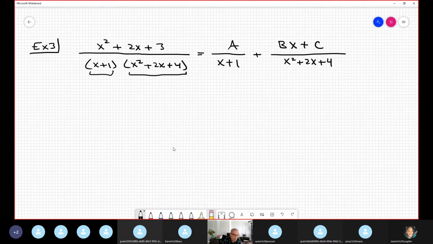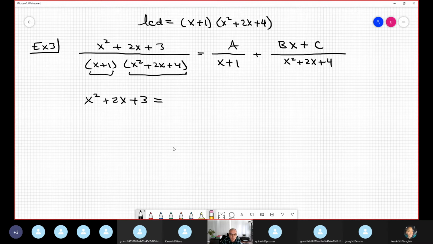Okay. Now the LCD. The LCD is obvious, it is the entire denominator, x plus 1 times x squared plus 2x plus 4. Multiply the whole thing by the LCD. So you have on the left-hand side x squared plus 2x plus 3, because everything is cancelled.